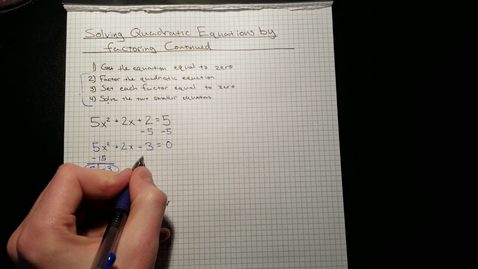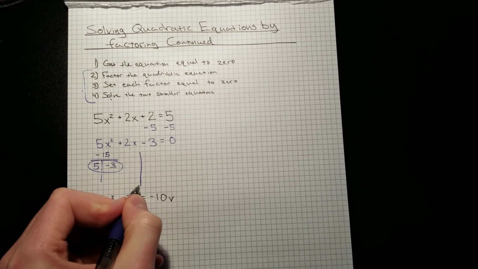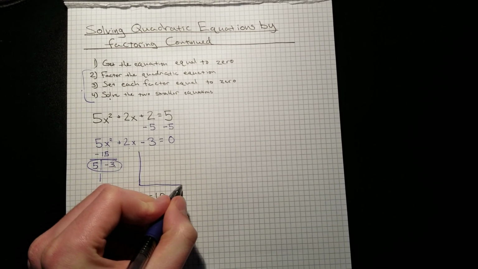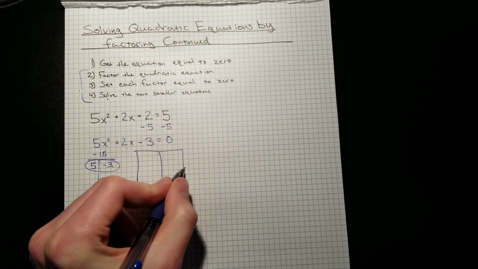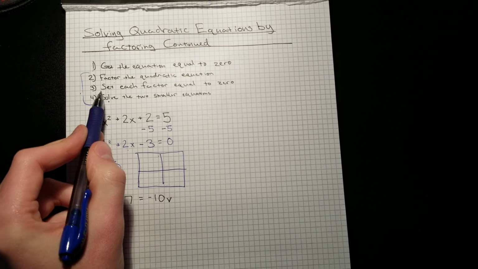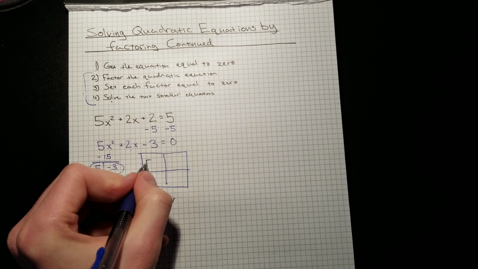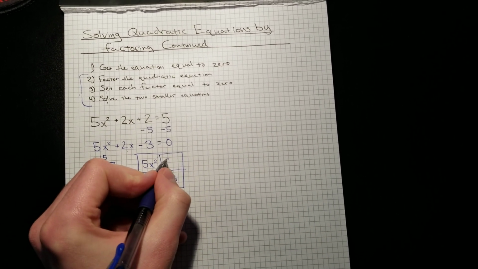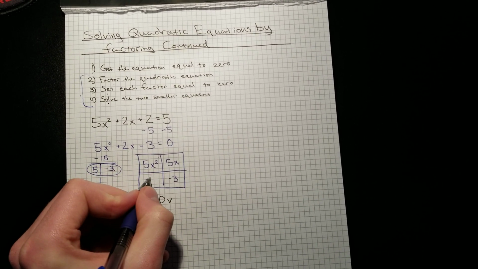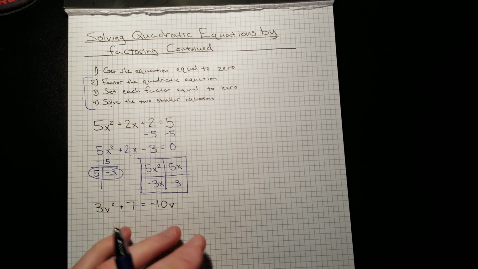Next thing I have to do, I need to make a box out of this. Not very much room there, that's fine. So what we're doing here is all step 2. We're factoring the quadratic equation. So put the 5x squared here, the negative 3 here, the 5 and the negative 3. So put those two sides in there and then add x's onto them.